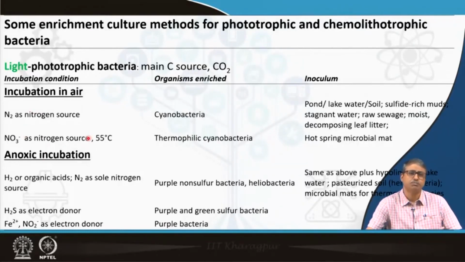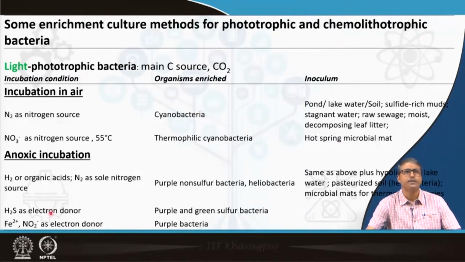We can have normal room temperature or elevated temperature in order to enrich the thermophilic organisms, and there is certain literature available which suggests which organisms are expected under these conditions, because with light based phototrophic processes, the organisms which can be isolated or enriched are mostly the cyanobacteria or the thermophilic cyanobacteria, and a number of environmental samples are being subjected to this kind of enrichment.